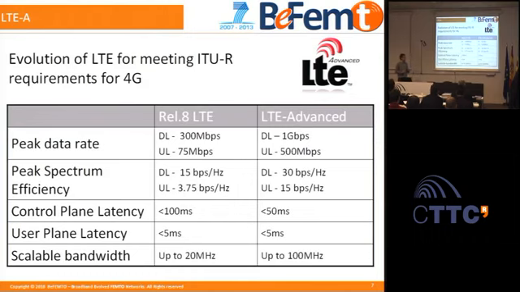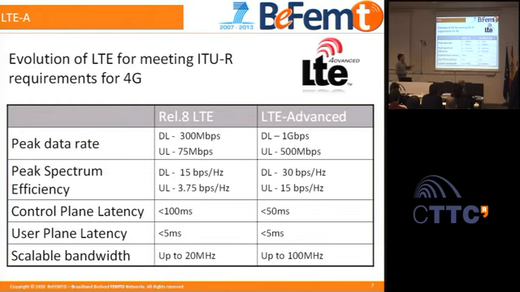It has also been defined a peak spectrum efficiency higher than that specified in LTE. For example, 30 bits per second per hertz in downlink and 15 bits per second per hertz in uplink. It has also been defined to have a lower delay in the control plane, with the same specification in the user plane as in LTE.